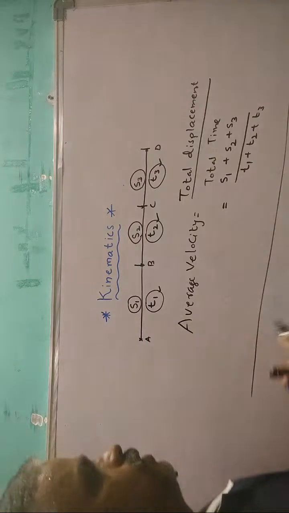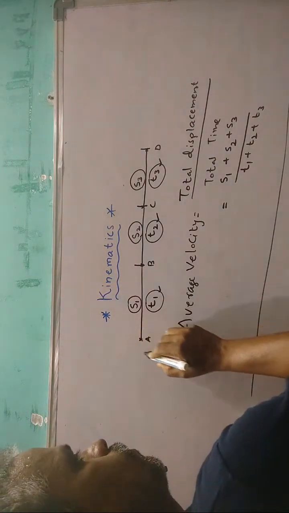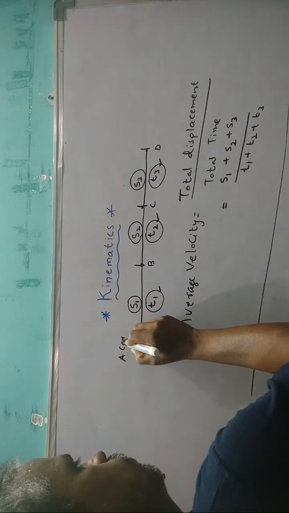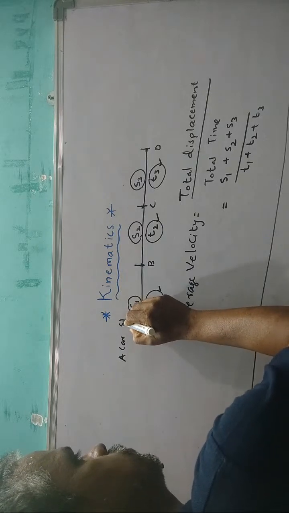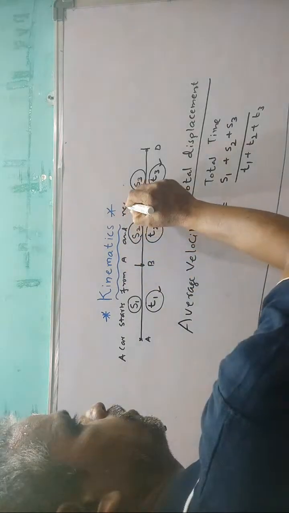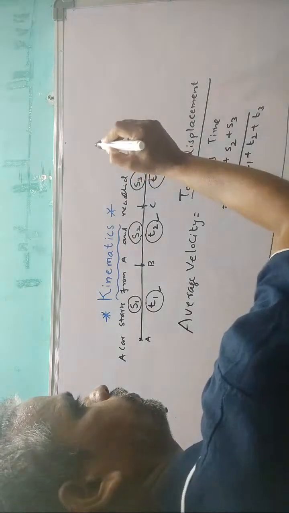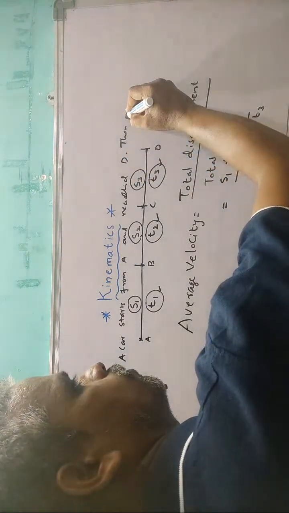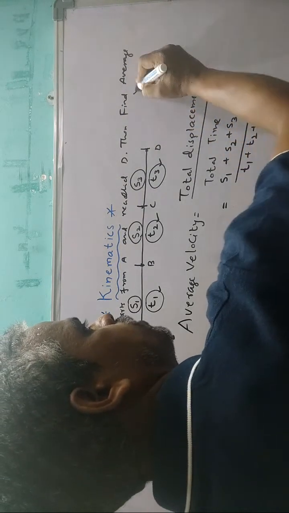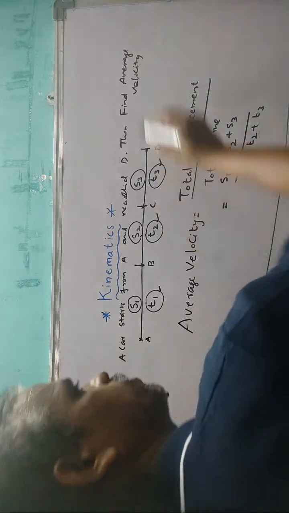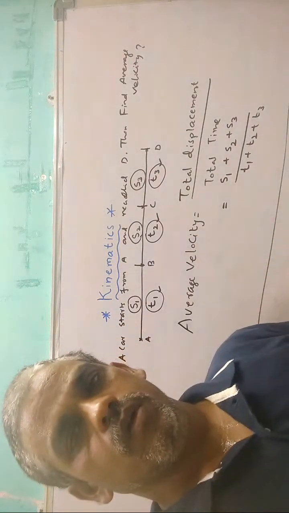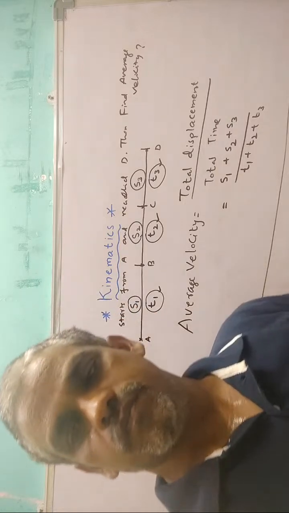Just write: a car starts from A and reached D. Then find average velocity. Write this question and draw this one. You will get this one. Okay. After completion, message me yes.